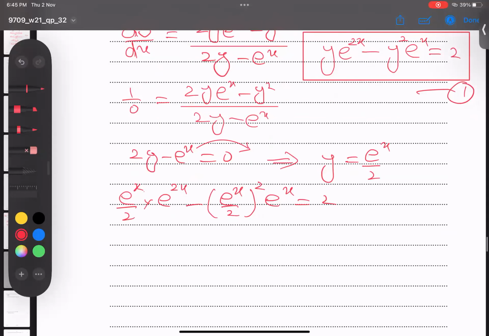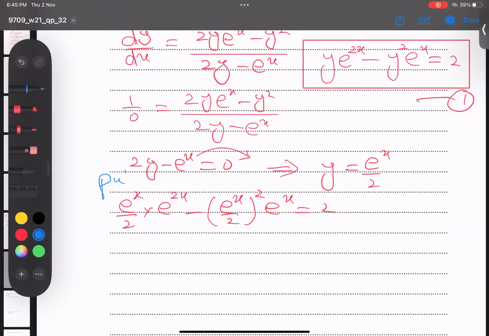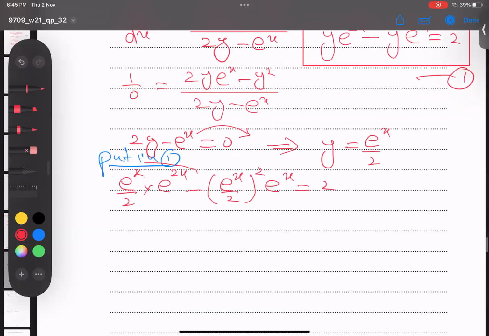Okay, so I'm writing here, put in 1. Now e to power x and 2x, the powers add, same base, I got 3x over 2. And what is this? The power multiplies, so 2x and single x become e to power 3x. The square of 2 gives you 4.